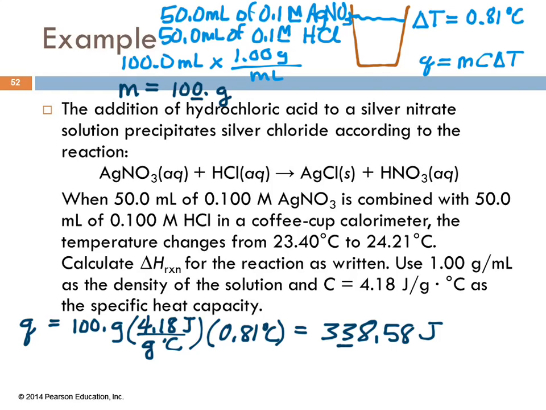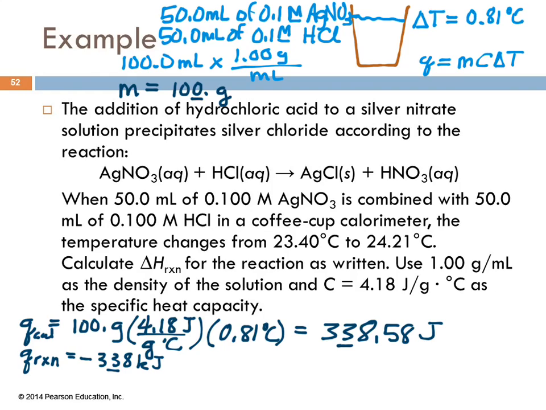So that's Q. Which Q is that? Is that for the calorimeter or for the reaction? That's for the calorimeter, right? Q for the reaction is going to be minus 338, right?